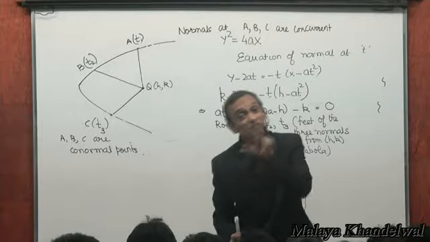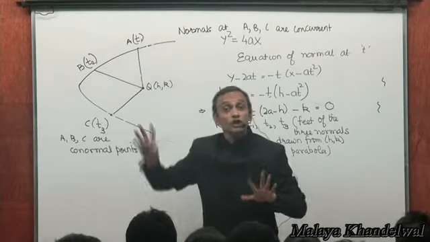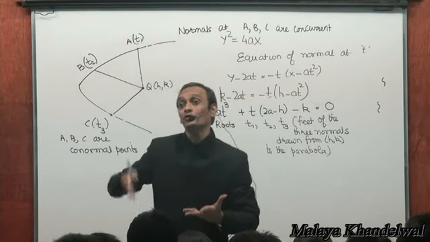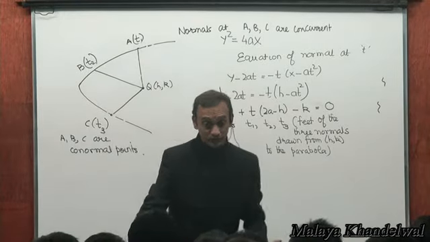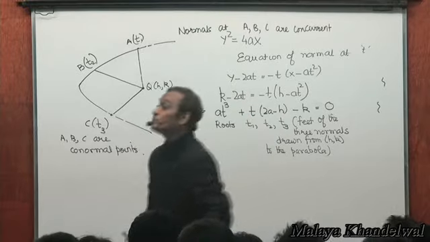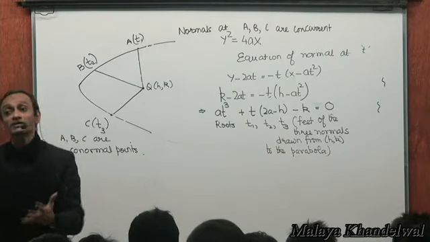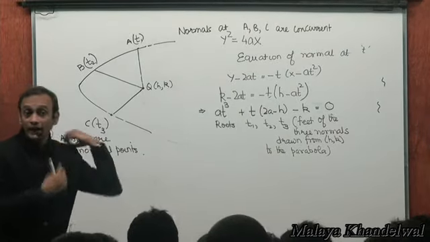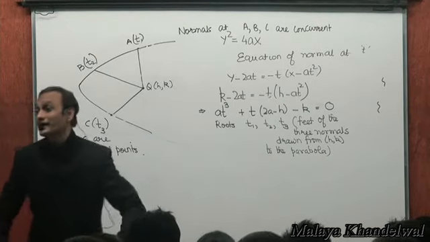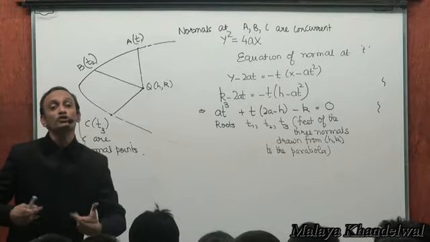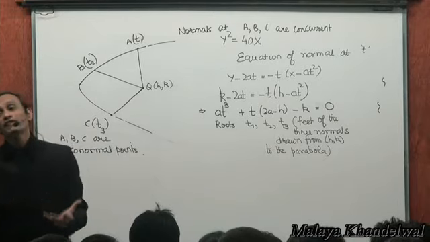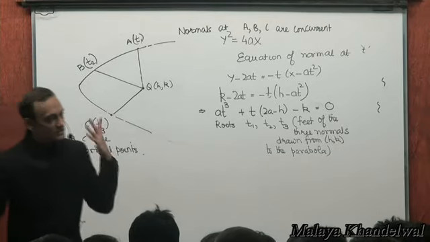Right? Not every set of 3 points on the parabola. It's not like if you select any 3 points on the parabola and you draw normals at ABC, then those normals will intersect at the same point. Right? So there would be special sets of 3 points that will enjoy this property, and every time 3 such points on the parabola enjoy this property, then these points would be referred to as co-normal points. Clear?